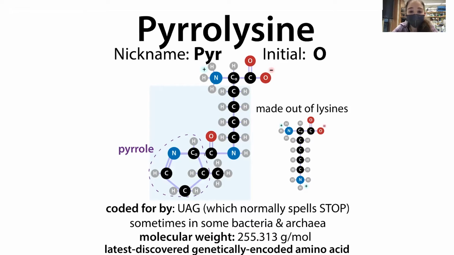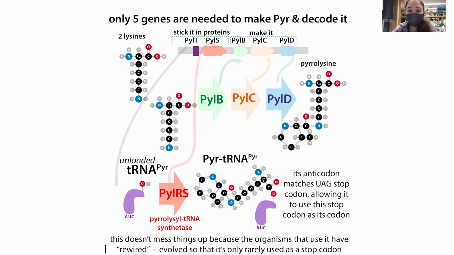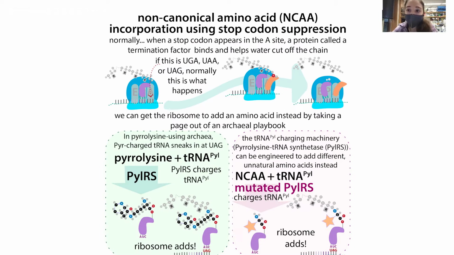For us, it's not that interesting in terms of putting in a pyrrolysine to introduce some cool function that we can visualize or test. Not really. But the machinery that the cells use to incorporate this pyrrolysine is something we could definitely take advantage of, and we can modify it so that it puts in a different amino acid.